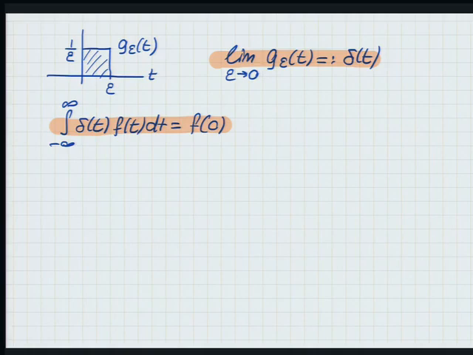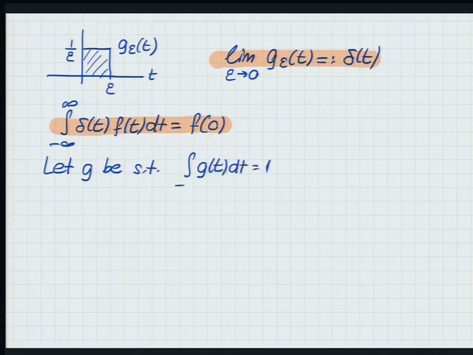So take any function g, with the property that the integral, the area under g, is 1. Okay? So one example would be what we already used, something that has amplitude 1 with width 1. Okay?